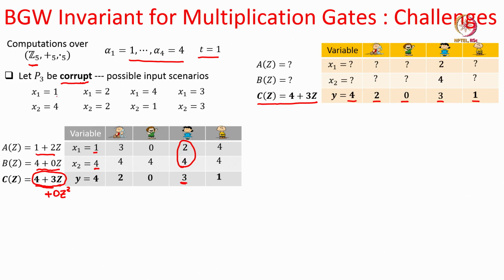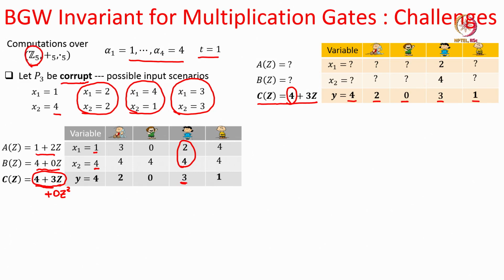Now, party 3 also knows that since the function output is 4, the possible input scenarios are the following: either the first input is 1 and the second input is 4, or the first input was 2 and the second input was also 2, or the first input was 4 and the second input was 1, or the first input was 3 and the second input was 3. There is no other possibility because the inputs can take any value from the set 0 to 4.